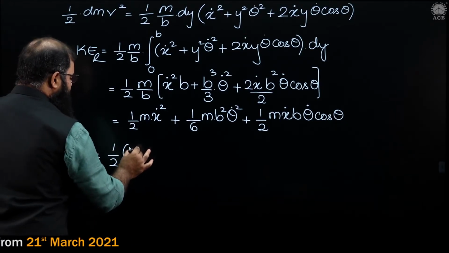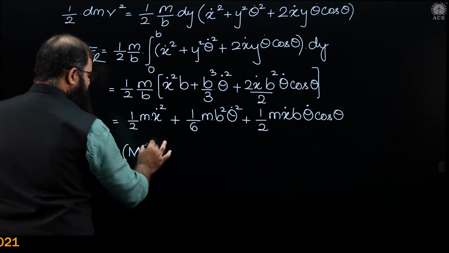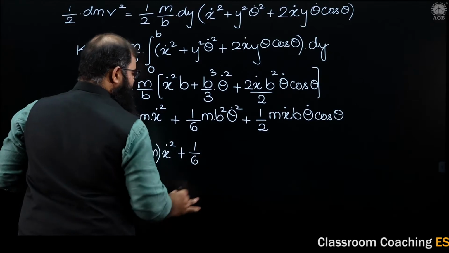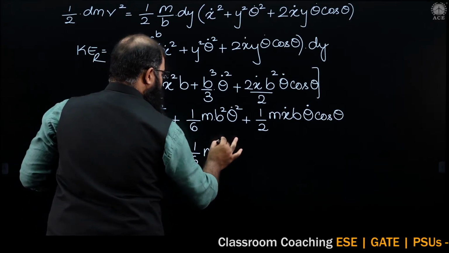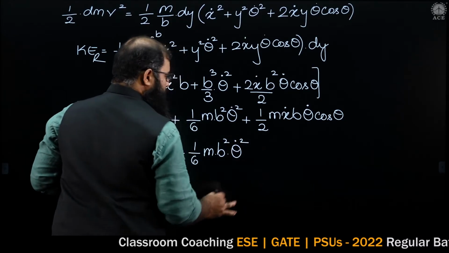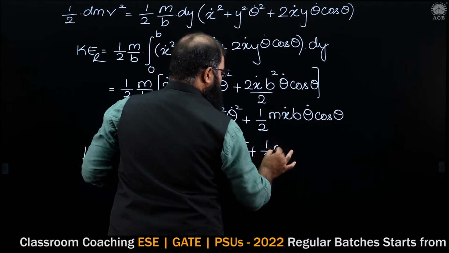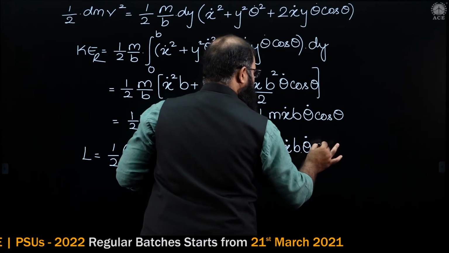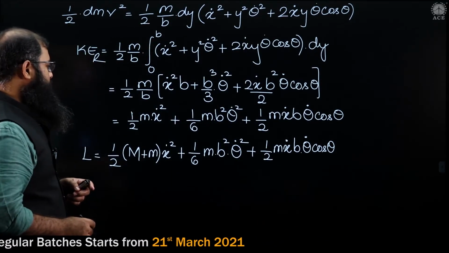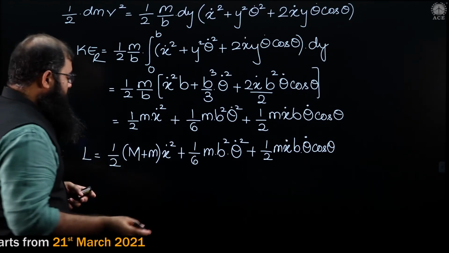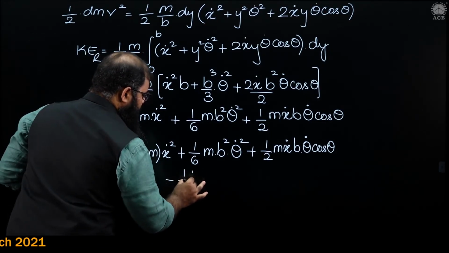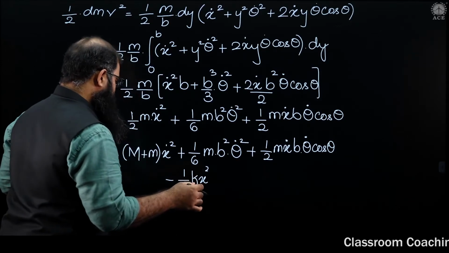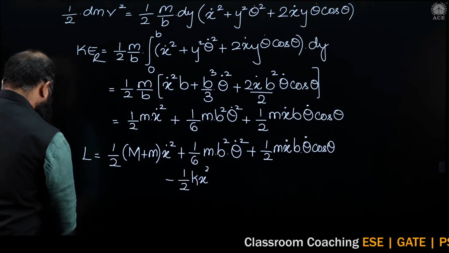So I'm having half capital M plus small m into x dot square plus 1 by 6 m into b square into theta dot square plus 1 by 2 into m x dot b theta dot into cos theta minus potential energy, so minus half kx square, it is half kx square actually, I'm sorry.